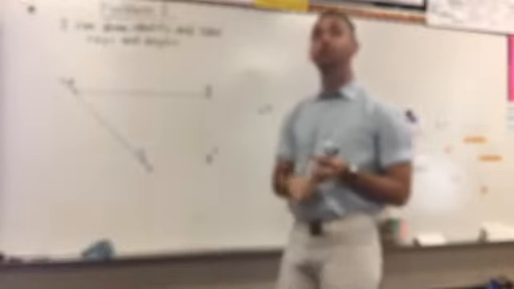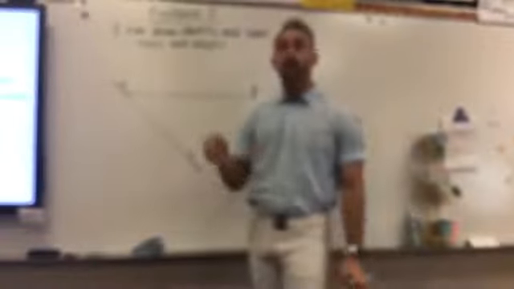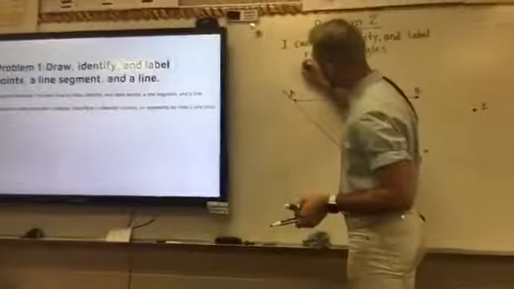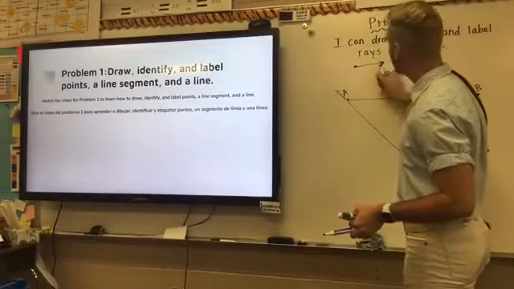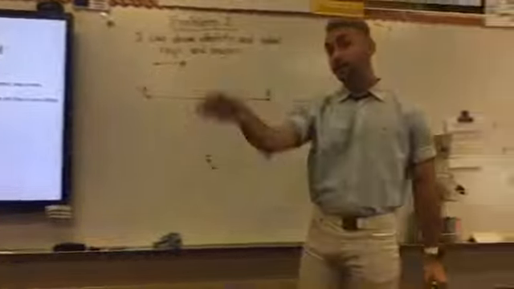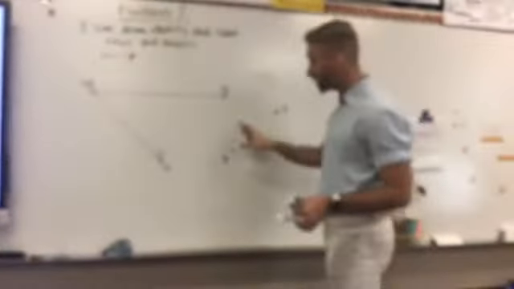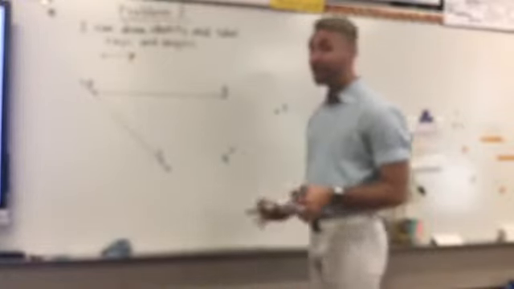To draw a ray, a ray is a line that has one endpoint and then the other part of the line just keeps going. It has that arrowhead, which means it keeps going that way. If this is our endpoint and this is going to be BD, we're going to connect those to make a ray.